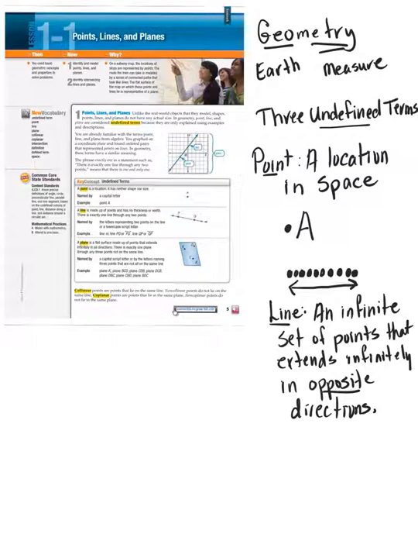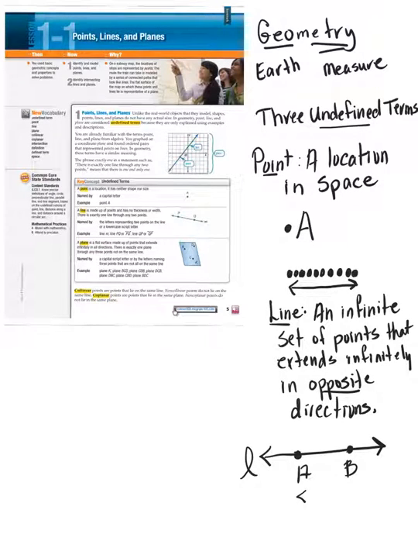When we write a line, or we want to symbolize it, we will usually use a lowercase script letter. Now, it doesn't have to be L for line. I just usually make them L for the obvious reason, but it could be any lowercase cursive letter. Another way we can write line is by naming 2 points on the line.